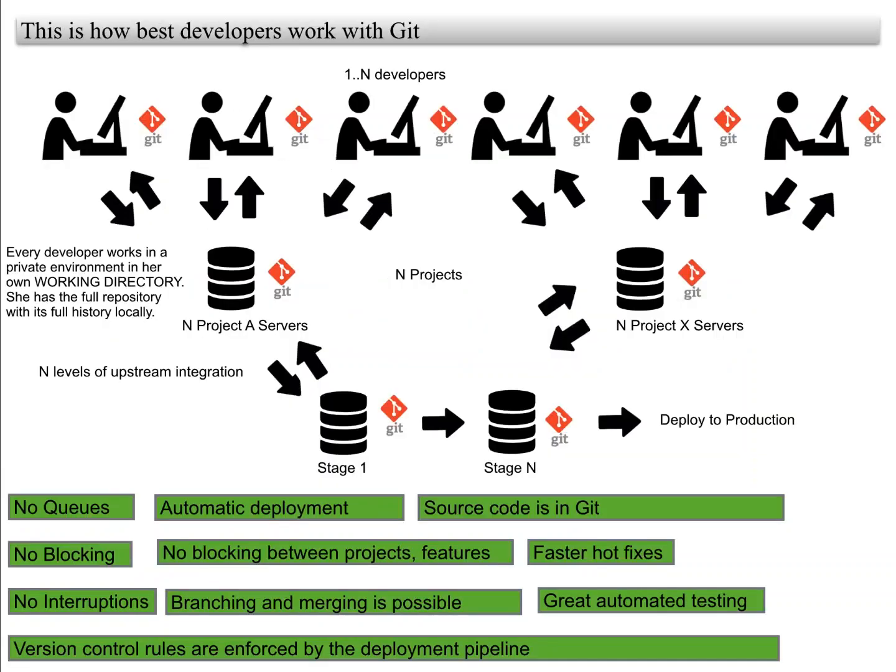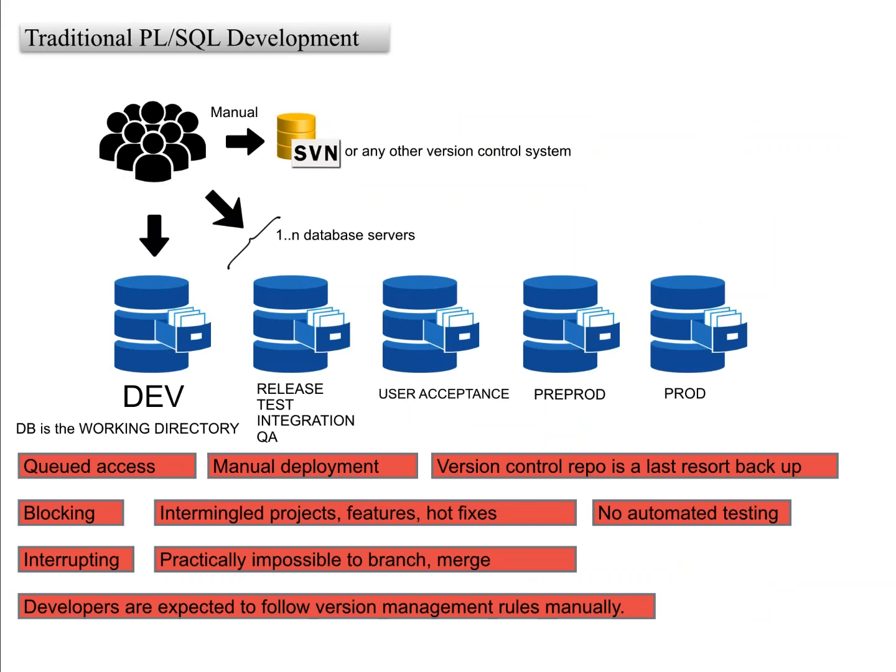These guys each have their own working directory, where we have just one working directory, and we share files. How crazy is that? Of course we cannot work productively. And this results in queued access. We block each other, interrupting, and all sorts of problems. No branching, no merging, no really nice way to deliver hotfixes.